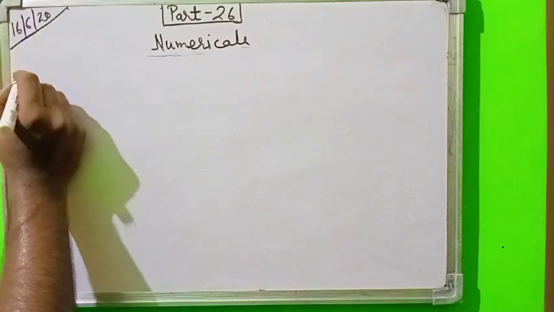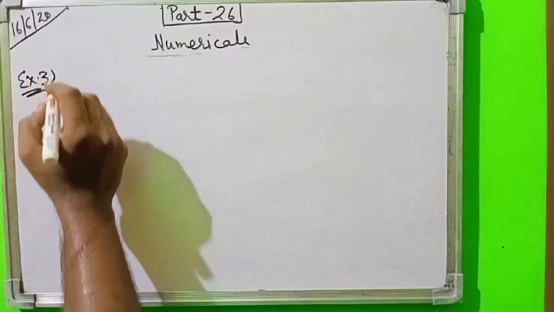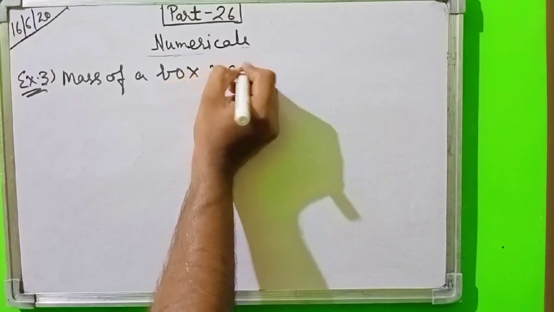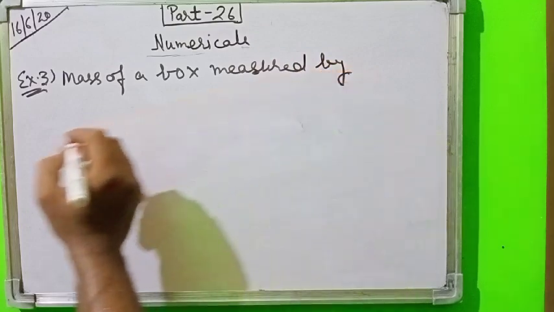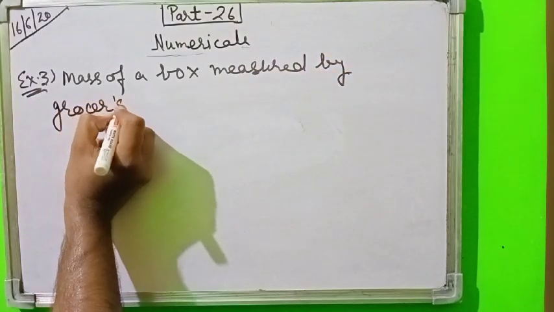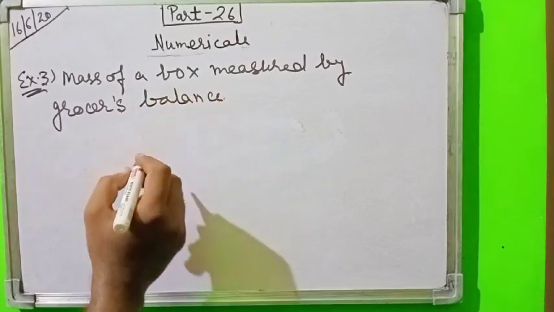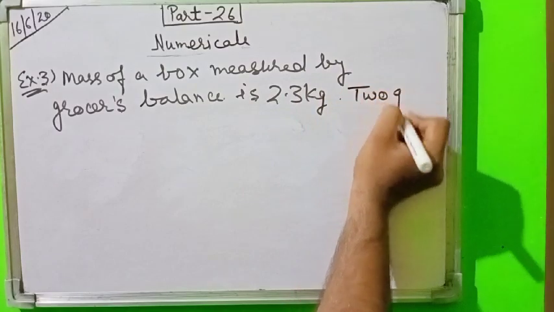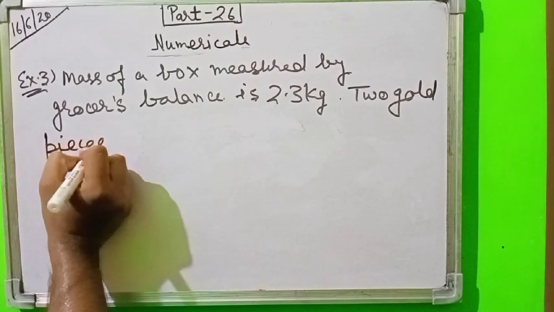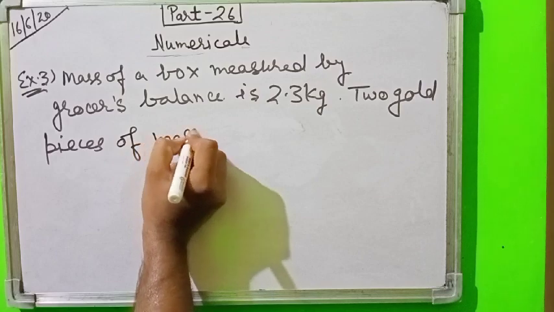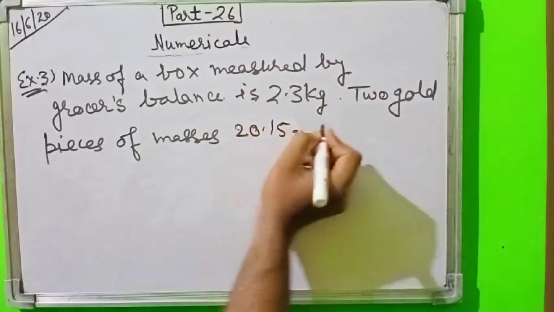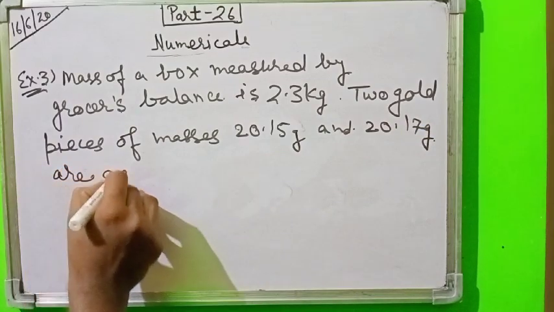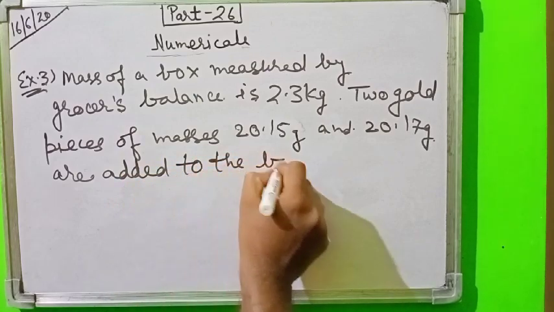Mass of a box measured by grocer's balance is 2.3 kg. 2 gold pieces of mass 20.15 gram and 20.17 gram are added to the box.